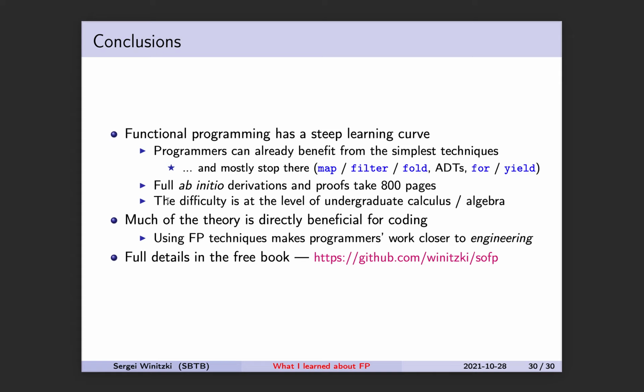But there is a lot more, for which the full derivations from the beginning took about 800 pages in the book. The difficulty of these derivations, I would compare them to undergraduate calculus or algebra. So some of these calculations are long, but they're not difficult in the sense of complicated abstract notions that you have to deal with.